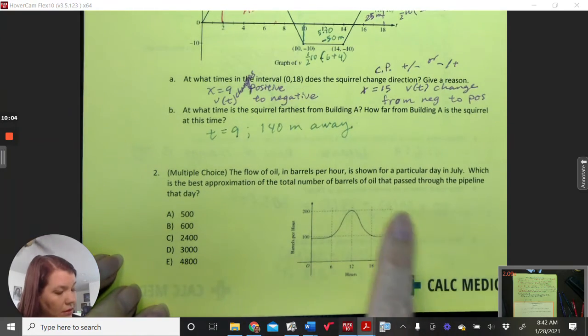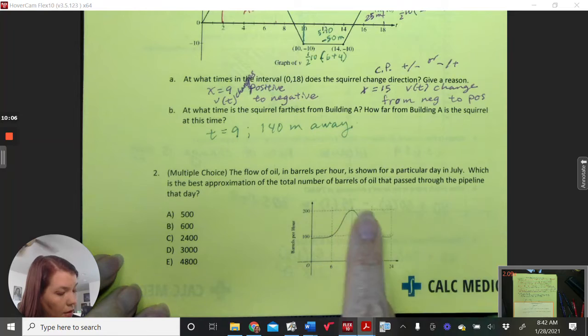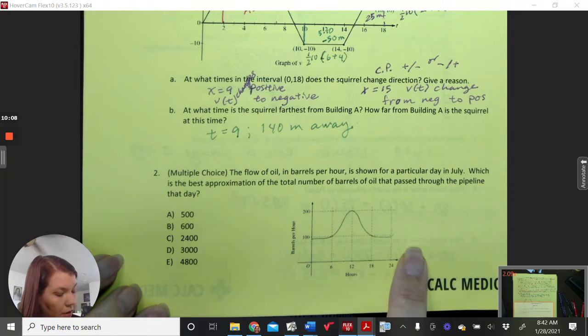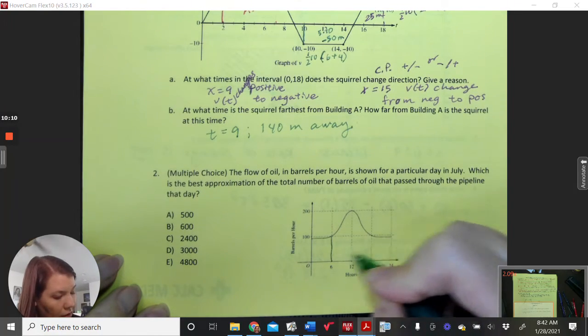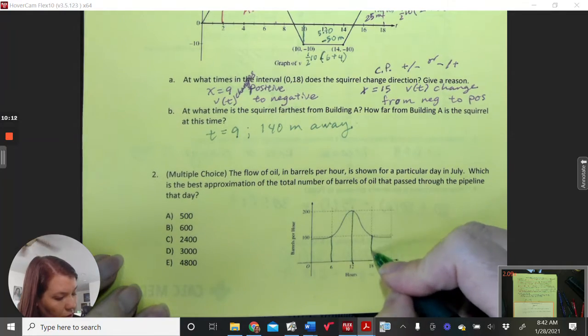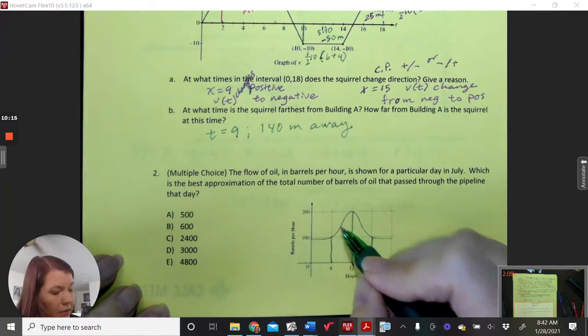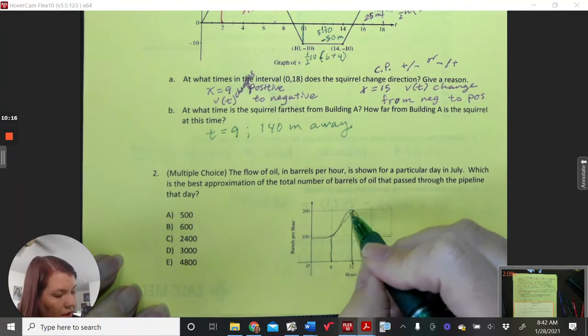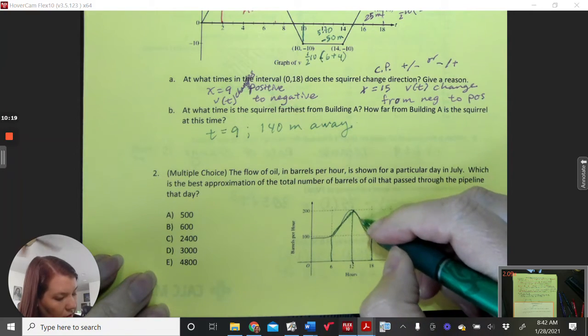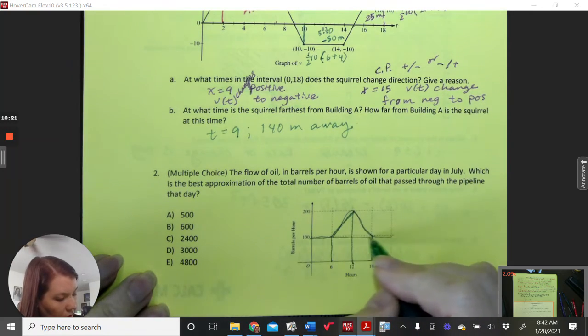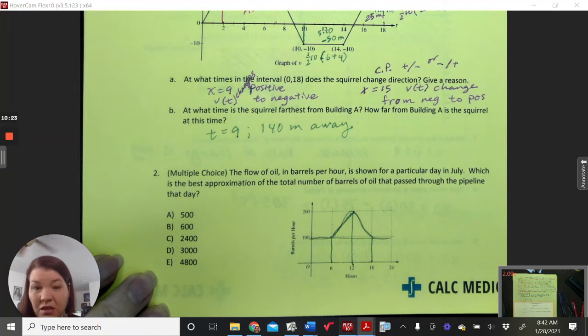So this is the total number, the flow of oil, okay? And so the area underneath this, and I'm going to break it into 4 sections, is going to be this one. This, probably that's the best way to cut that. So I can treat this as one big rectangle down here plus a triangle on top. That's good. And try to figure out the area.